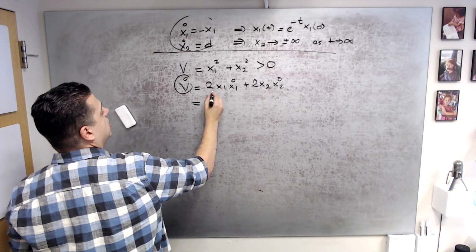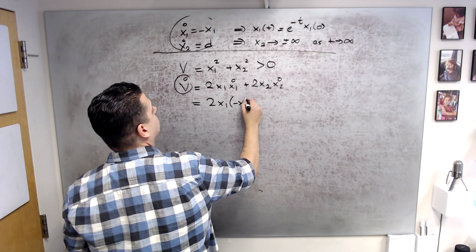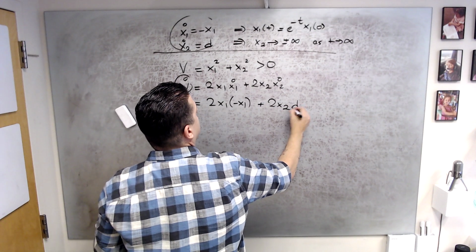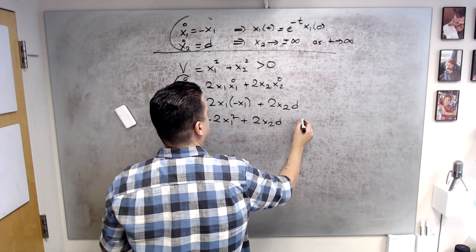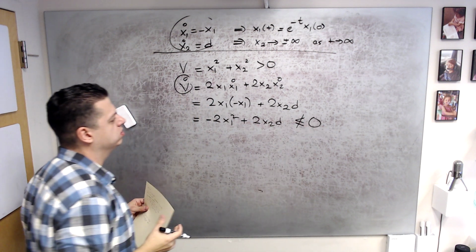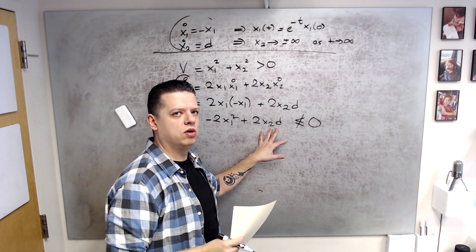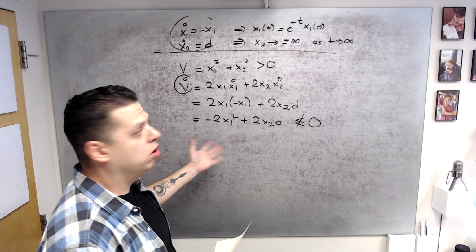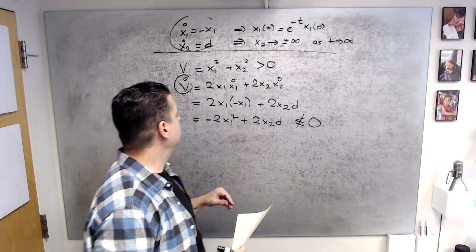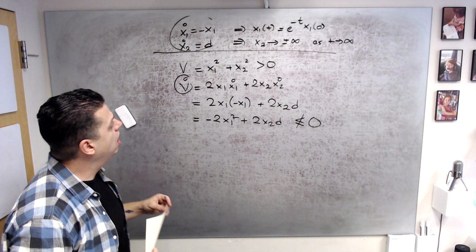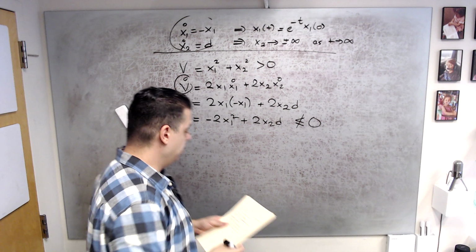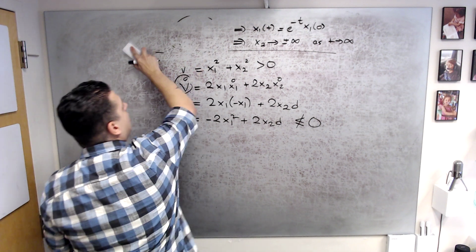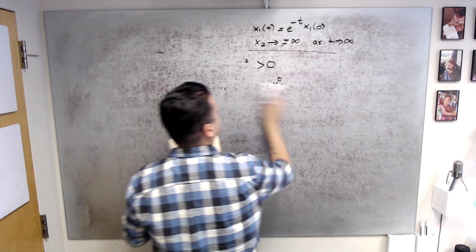Then we have here 2x1 times minus x1 plus 2x2d, minus 2x1 to the power of 2, plus 2x2d. This is certainly not less than or equal to 0, right? You don't have a good term here, and you don't need to proceed further in this analysis, so you cannot get anything out of this. I just wanted to mention that. All right, so let's move into another example to illustrate the concepts.